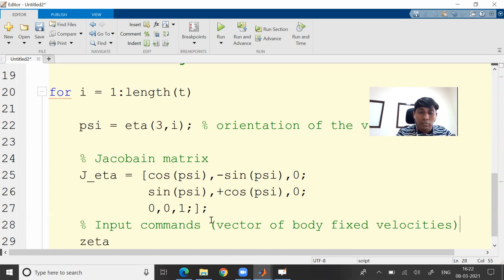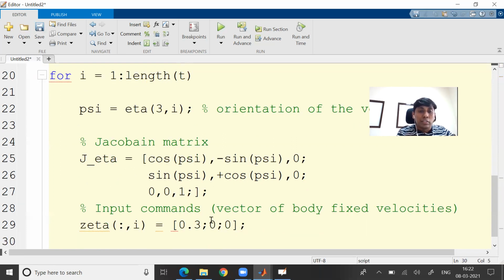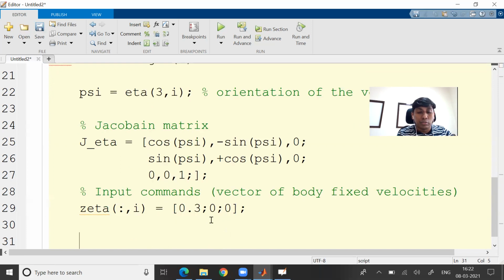Zeta of i can be a variable, but right now I'm taking x as 0.3 meter per second, and the other as 0, so it goes longitudinally. That's what we expect; we will see. Then what else do you need? You need the numerical integration part. For that, you need the generalized time derivative of the generalized coordinate.